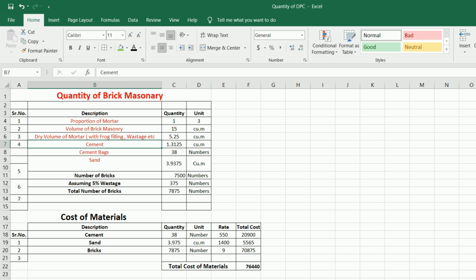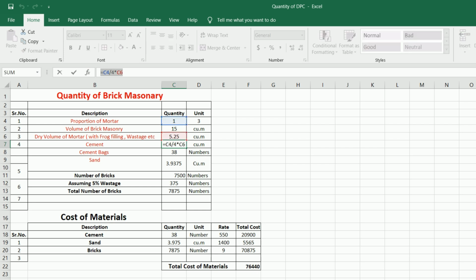Now how to calculate volume of cement required for 15 cubic meter brick masonry wall? You can see we require 1.3125 cubic meter. The formula is equal C4 divided by 4 multiply C6.